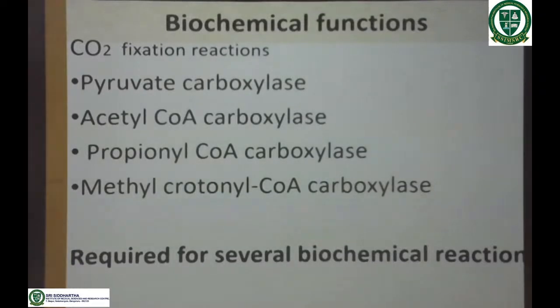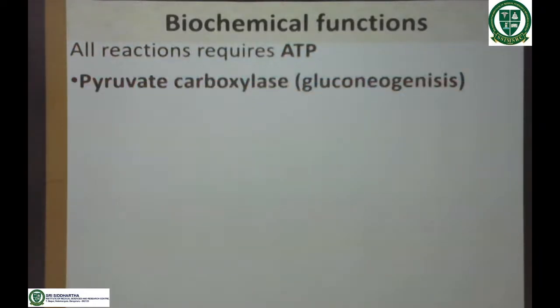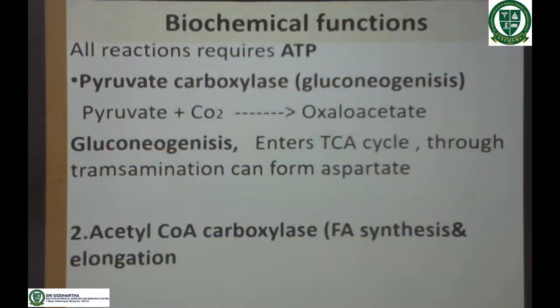You just see the next slide, which shows the reactions in which we require these enzymes. The first enzyme is pyruvate carboxylase. Where is this enzyme required? This enzyme is required in the formation of oxaloacetate, that is, in a step of gluconeogenesis.